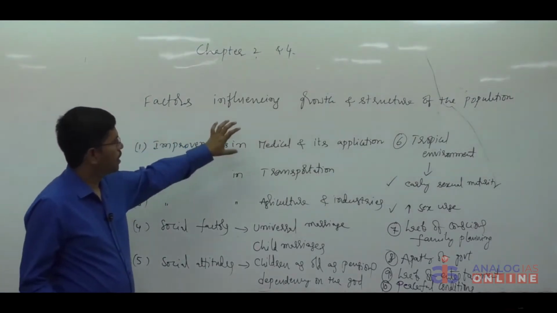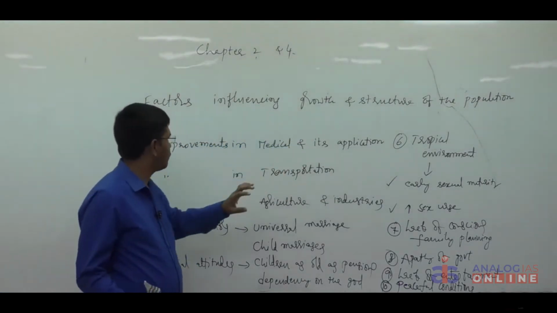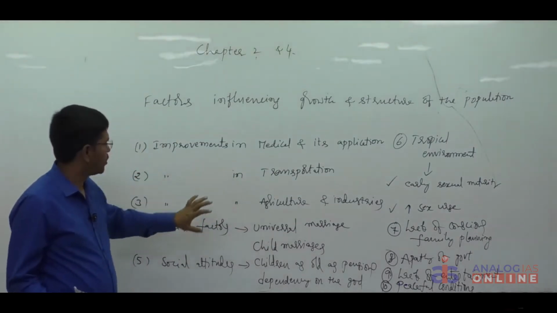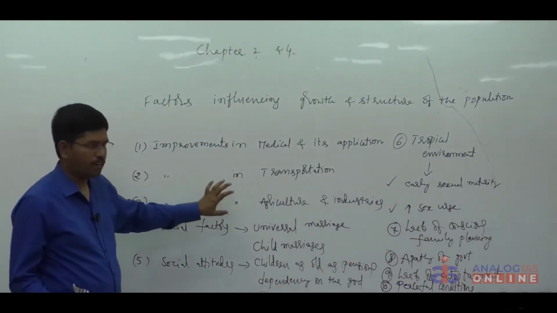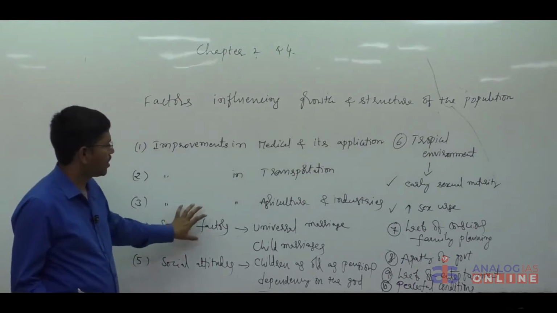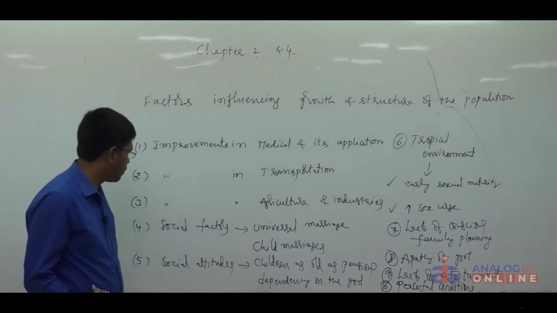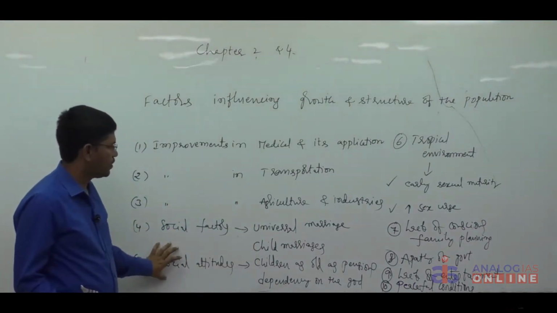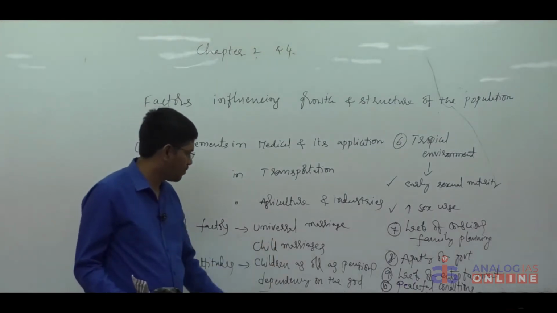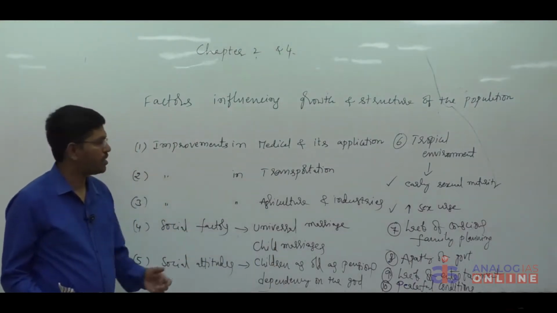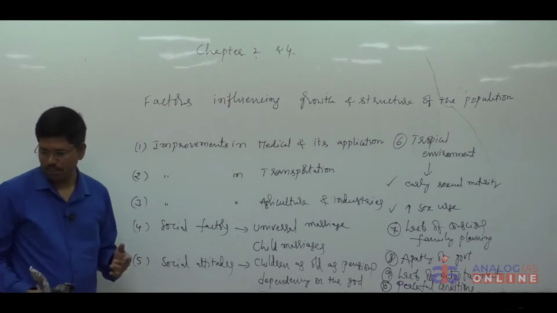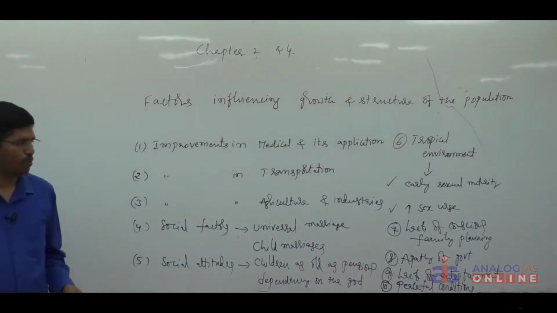Improvement in medical knowledge and its application, improvements in transportation, development in the field of agriculture and industries, social factors like universal marriage and child marriage, social attitudes like considering children as old age pension, feeling of dependency on the God, and especially I forgot to tell you, joint family system also.